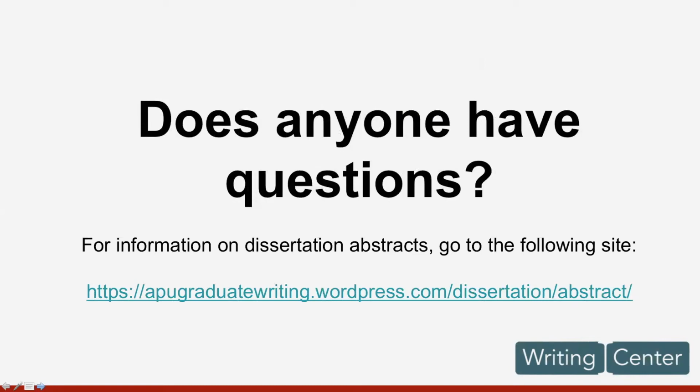We do have a section on dissertation abstracts and some additional things to consider when putting together your dissertation's abstract. Likewise, you can always bring questions about your dissertation abstract to your Writing Center meeting, to the coaching session that you might have for that abstract.